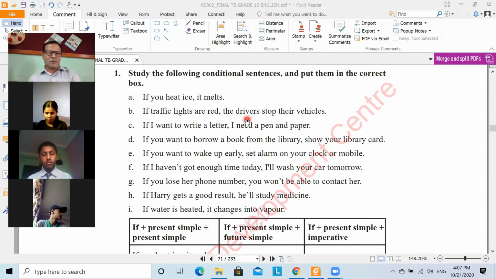The drivers stop only when the traffic light is red, when this condition is fulfilled. Otherwise, drivers don't stop their vehicles. Conditional sentences are these types of sentences where the result of the main clause is conditioned by the action of the if clause.